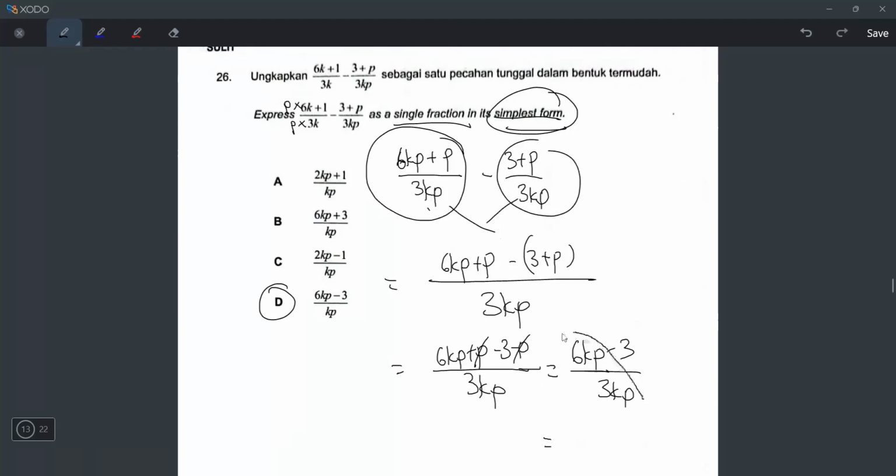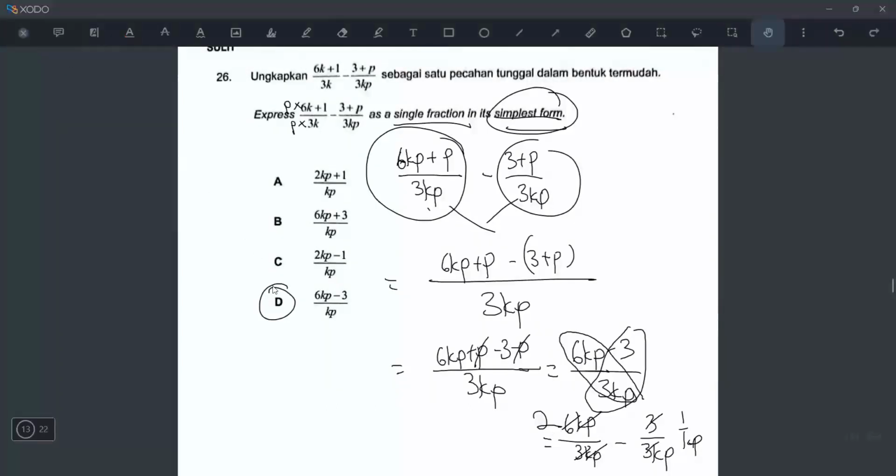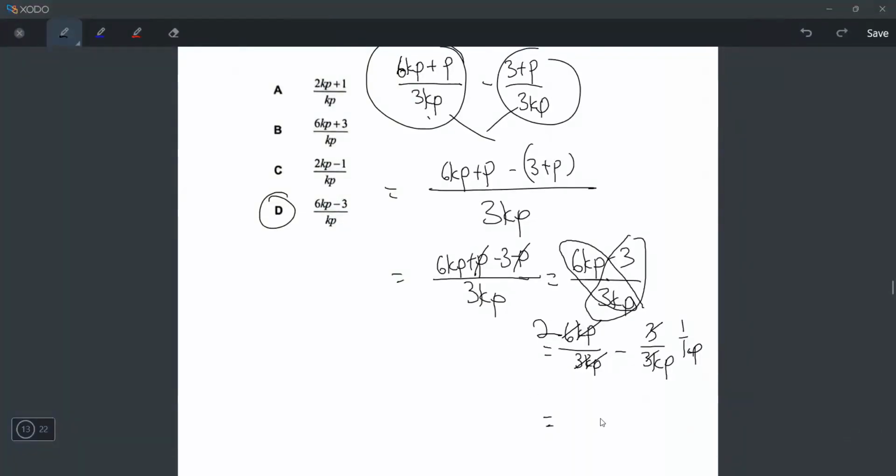So it means this one I can also separate them, I can also split them. So it'll be 6kp over 3kp minus 3 over 3kp. And then I can cut becomes 2, and then cut becomes 1 over kp. So this is also one of the option. Okay, so the answer can also be 2 minus 1 over kp.